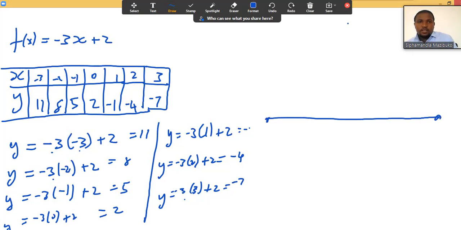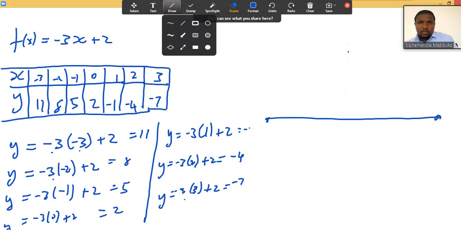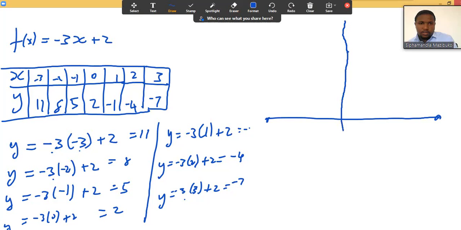Y. This is our X. This is our Y. We can still use the ratio of 3, 6, 9, 12, and minus 3, minus 6, minus 9.